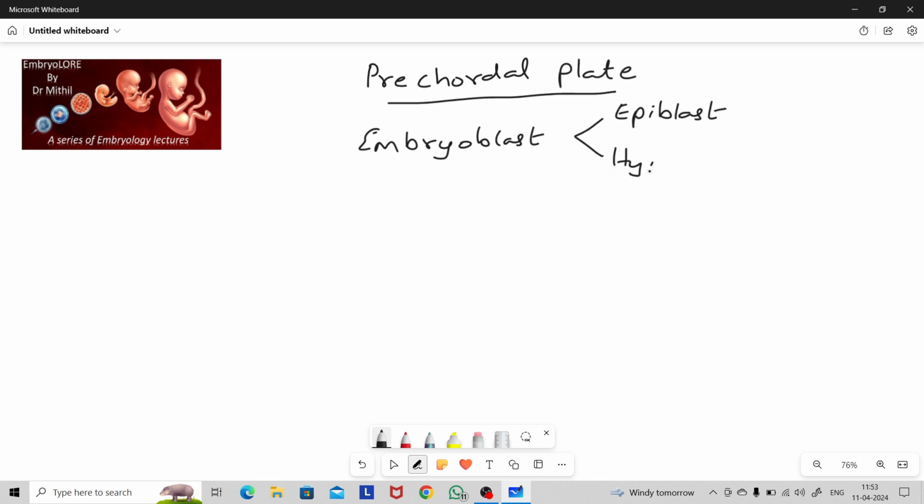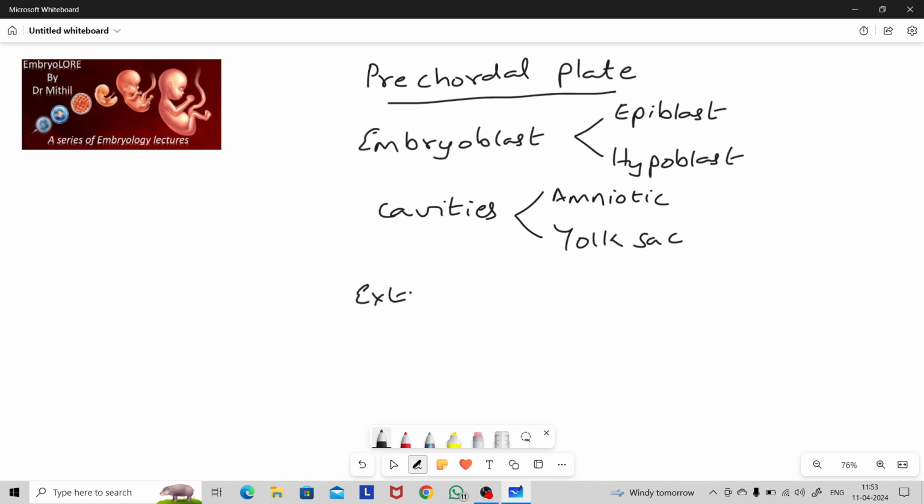After this, two cavities form, the amniotic cavity and the yolk sac cavity.